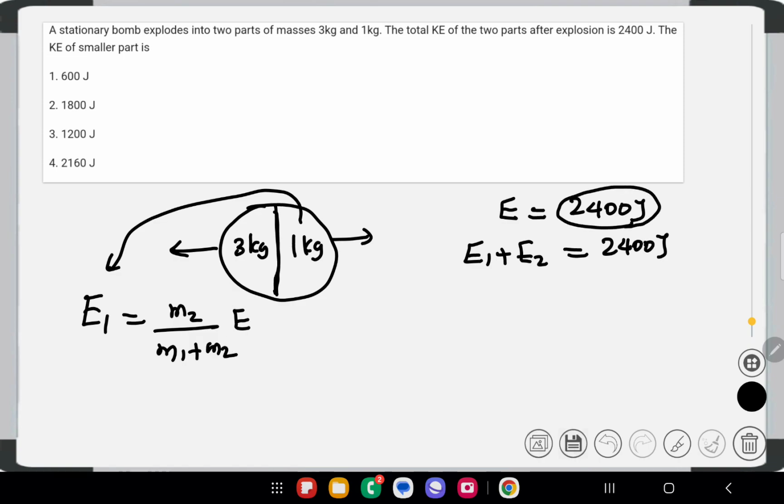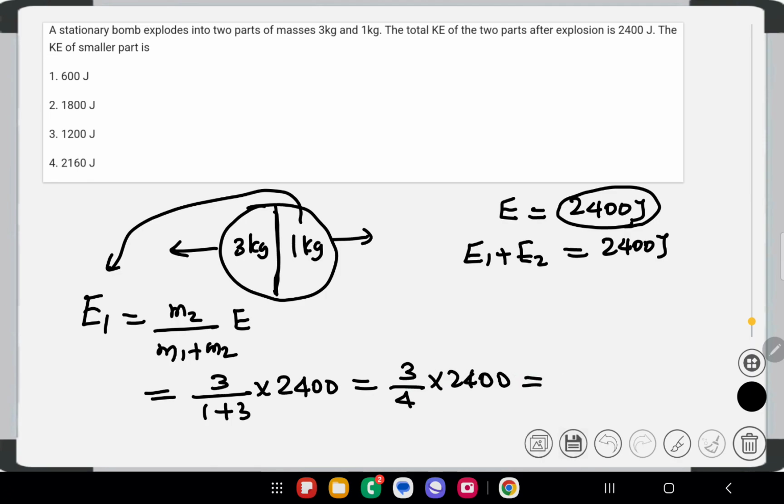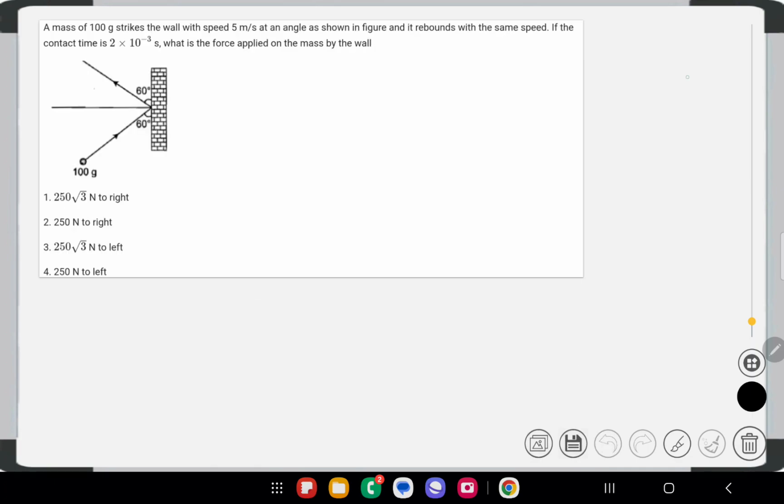The total kinetic energy is already given and m2 is 3, and m1 plus m2 is the total mass, that is 1 plus 3, into 2400. So that's equal to 3 by 4 into 2400. The answer is 1800 joule. The kinetic energy of the lighter part is 1800 joule. Therefore, the second option is the correct option.